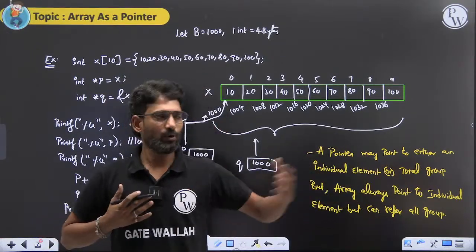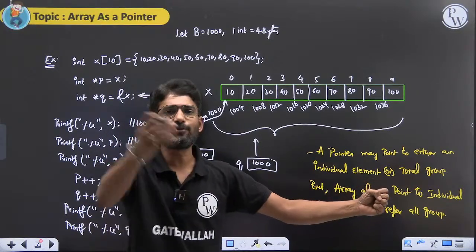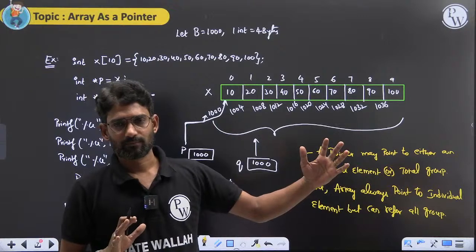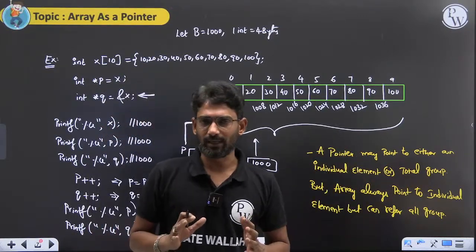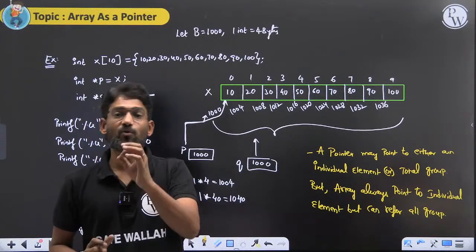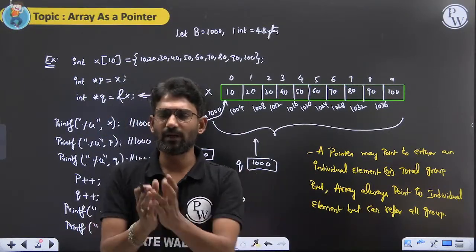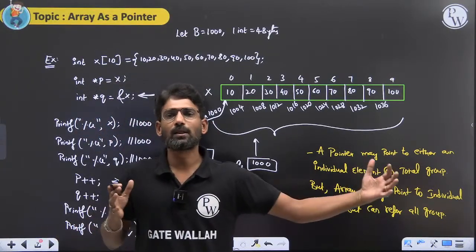See, I am holding 10, but you ask me at any time I can give you 1 only. But I am having 10 with me. I can give you any one among them at any time. Anyone you ask. But pointer can have one or all the group.